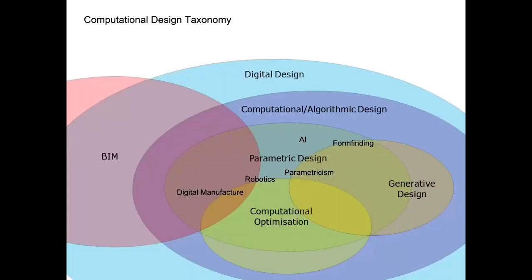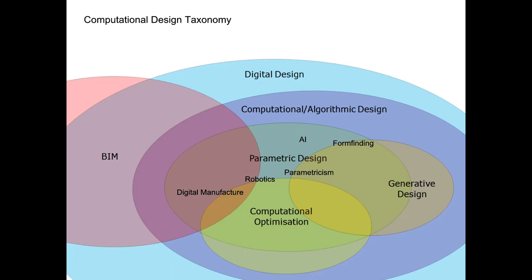So I thought I would just start by talking a little bit about the terminology, because there are lots of different phrases that get brought up when we're talking about parametric design and computational design. And it's a little bit difficult to define most of these because it's such a new and emerging field that lots of different people use these different terms in different ways.